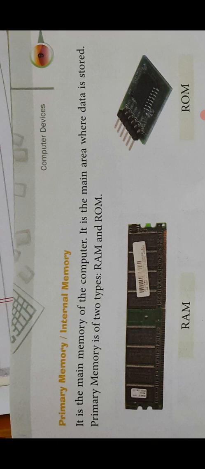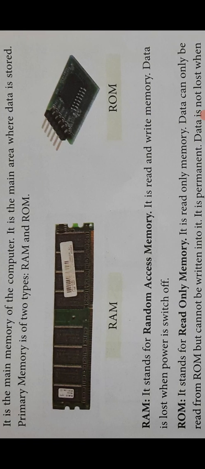The primary memory is of two types, RAM and ROM. The full form of RAM is Random Access Memory, and the full form of ROM is Read Only Memory. So primary memory is the main area where data is stored, and it is of two types, RAM and ROM.